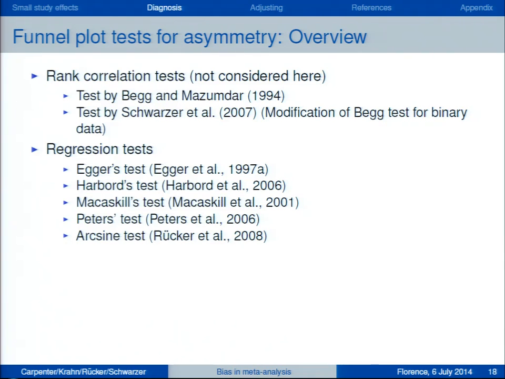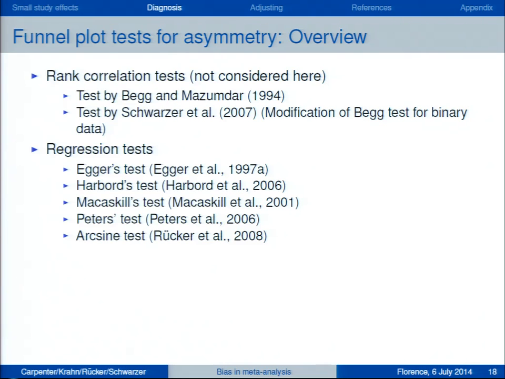And the other kind of test is regression tests. The first one was the test by Egger, and then several people acknowledged that this is not valid for binary data, and again the Egger test was modified by at least four authors.